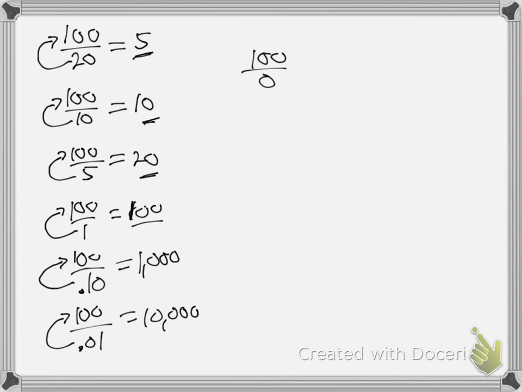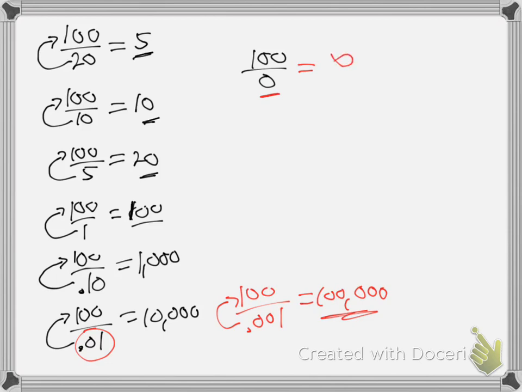The bottom has become 0.01. I could even get smaller. I could make it 0.001. Well, that would be 100,000. See how the answer is getting bigger and bigger? So as the bottom goes towards 0 and the top stays fixed, the overall fraction heads to infinity. Do you feel that?